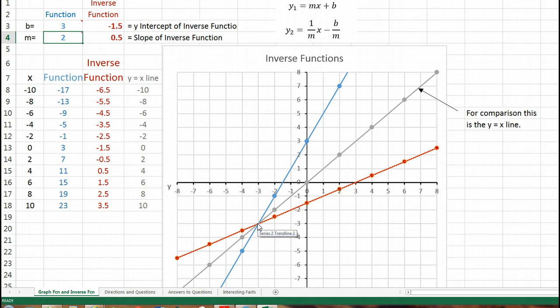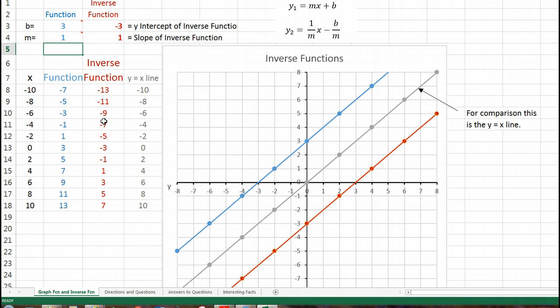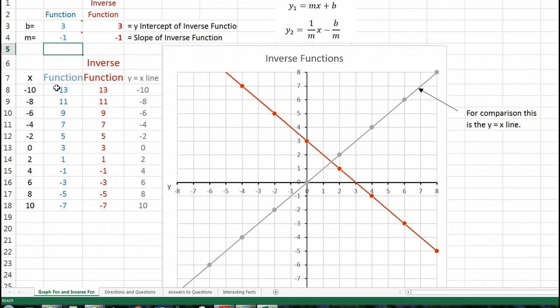And you can see under what conditions they would be parallel. I'm going to just put a value of 1 in here, and you can see they're parallel. That's because if m is 1, 1 over m is 1, so they both have the same slope. If you put minus 1 in, they'll also have the same slope, but they're coincident.